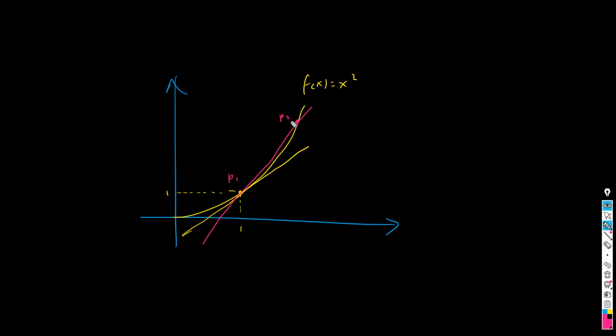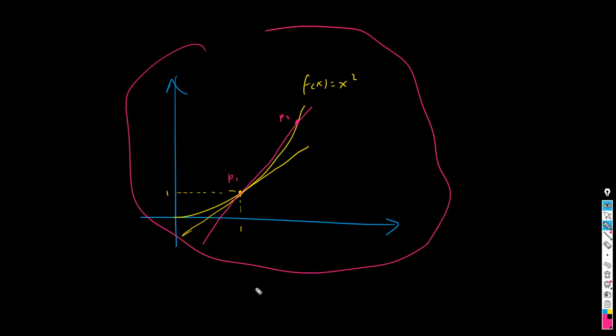Then we approached the point P2 towards P1, and we said that as P2 approaches the point P1, the slope of the secant will eventually become the slope of the tangent. So the whole process is basically a limiting process, and that's why we studied limits at the beginning of the course.